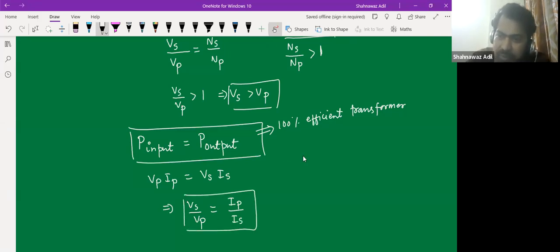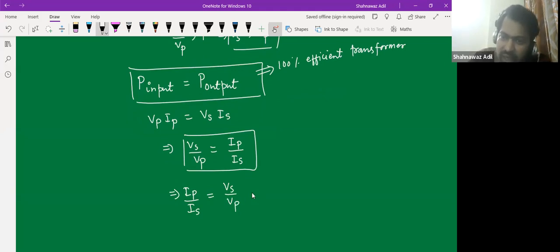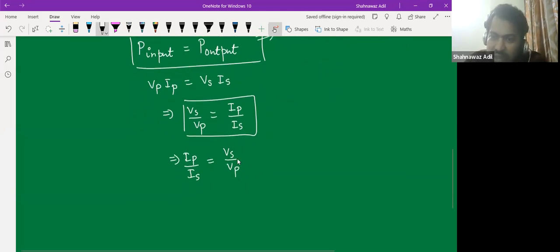So if I have increased the voltage, I know that Ip by Is would be Vs by Vp, and this thing is greater than 1 for a step up, right? Ip by Is.